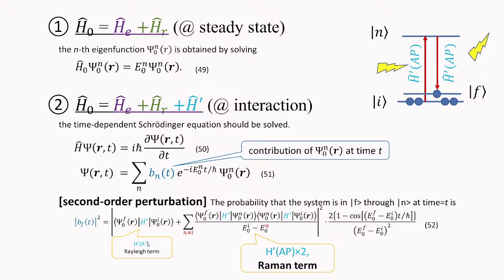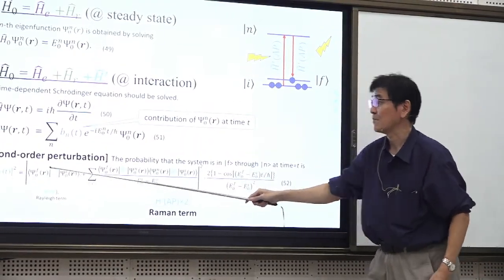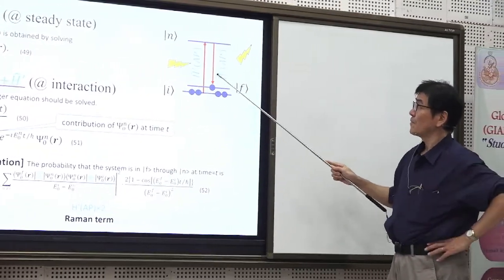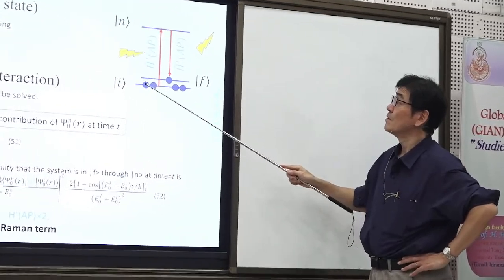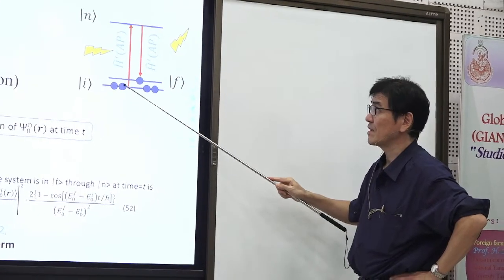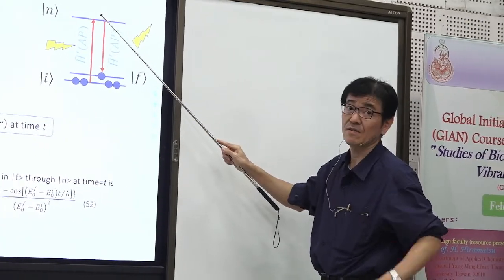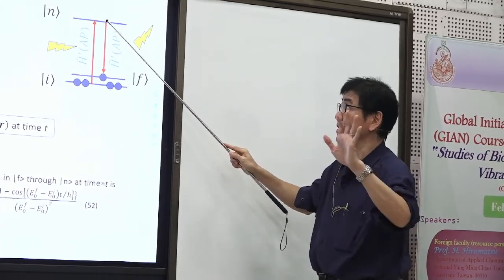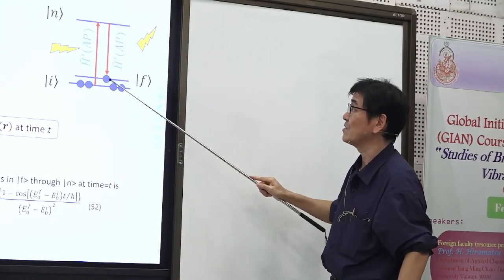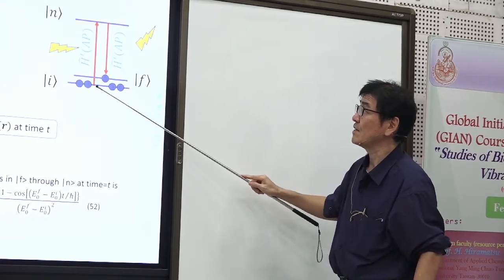And I skip the details, but the Raman process is the second order perturbation. So by considering the second order perturbation, we get the expression of B as a function of time like this. During the Raman scattering process, the molecule starts from the initial state, goes to the intermediate state.